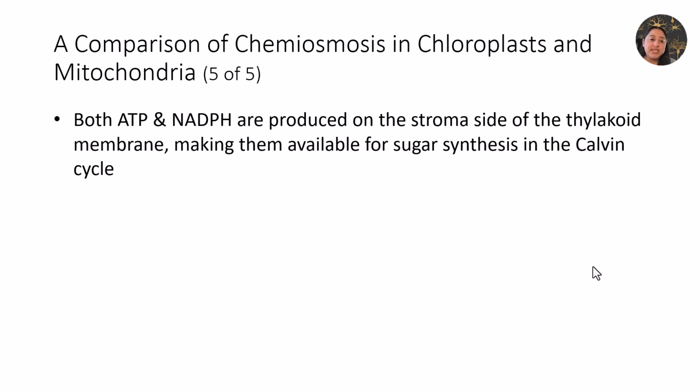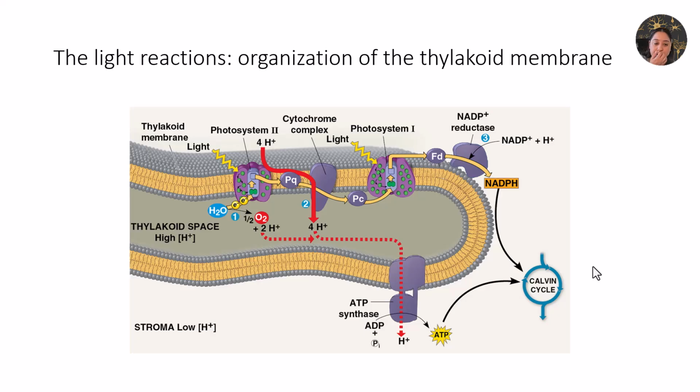So both ATP and NADPH are made on the stroma side of the thylakoid membrane, making them available for sugar synthesis in the Calvin cycle. What it's trying to say is that the way it's organized in these thylakoids, like flat pancakes, is what enables them to make the ATP and the NADPH on the stroma side, ready to just feed into the Calvin cycle.